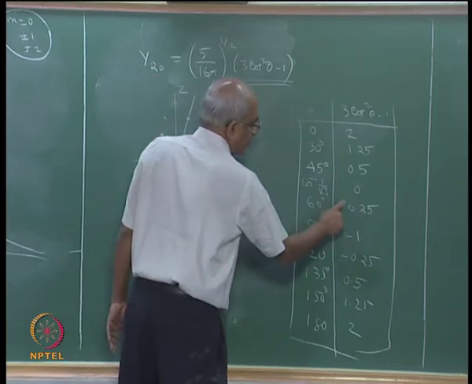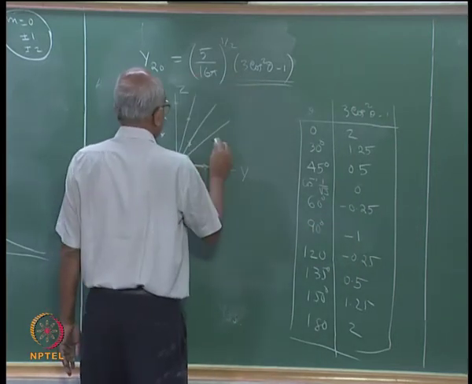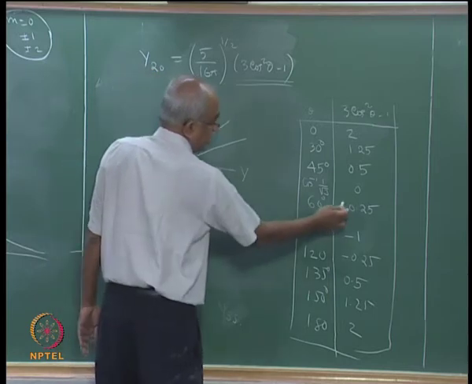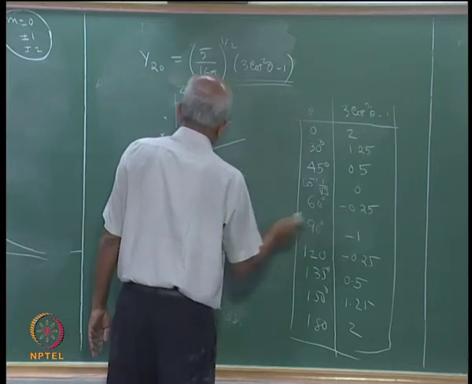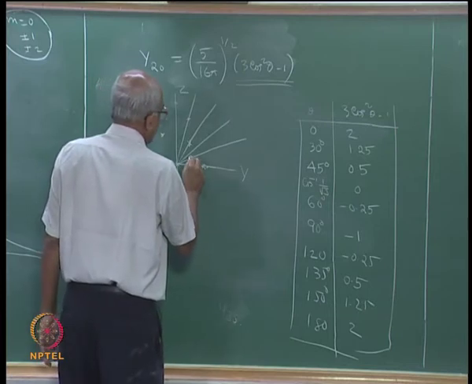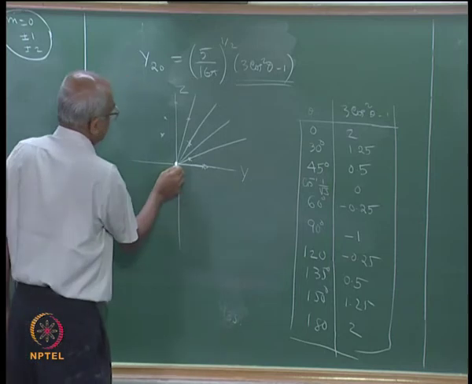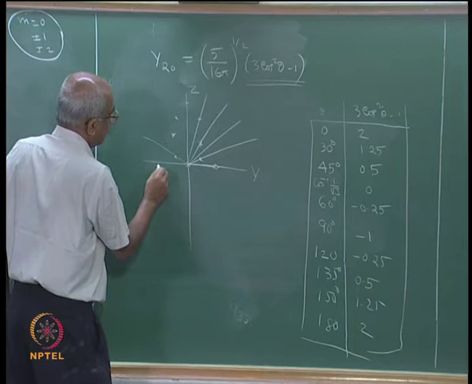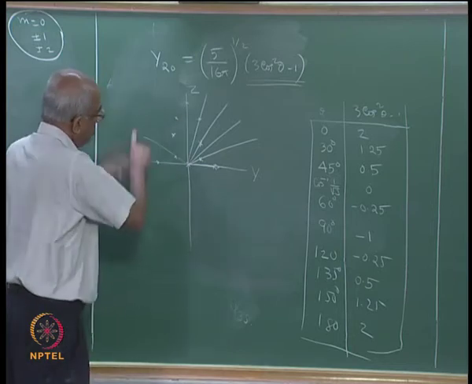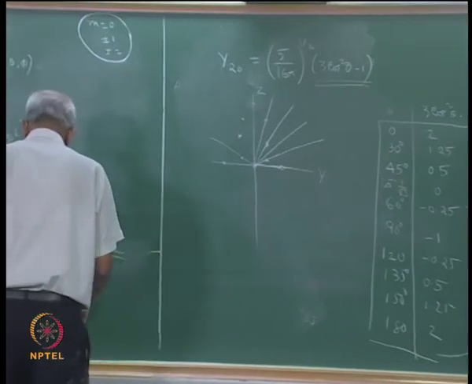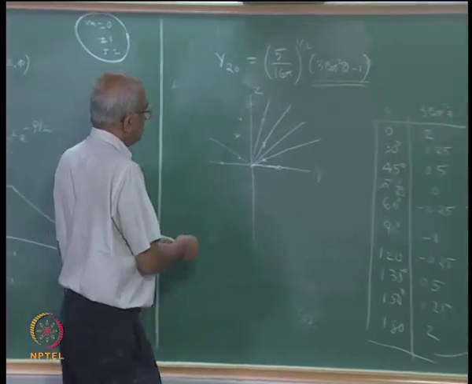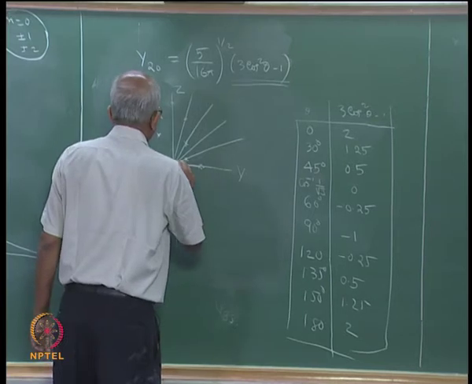I have not accounted for this. This is actually at an angle of 60 degrees, and along that direction the value is 0.25. So, the point is somewhere here. Same kind of thing you can do in the other direction. So, maybe somewhere here you will have a point, somewhere there you will have a point. You can continue to do that. As I said, it is not a difficult thing, and therefore, let me just join together the points that I have obtained.